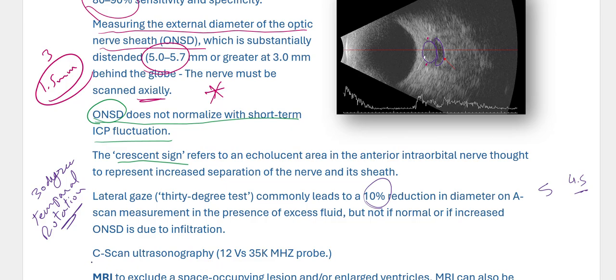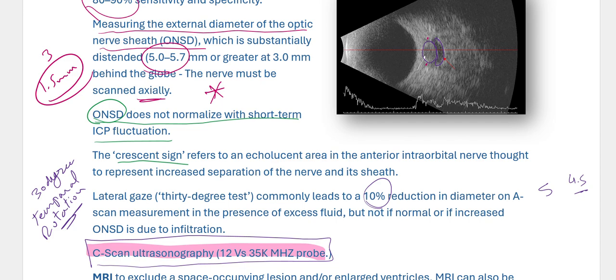The last thing to perform is the C-scan ultrasonography. This is something fairly new in ophthalmology. So we have the A-scan, the B-scan, and the C-scan. C-scan is like the 3D ultrasound scan deployed in obs and gynae. So you take several scans of the optic nerve, and the software constructs a 3D en-face image, like the en-face OCT.